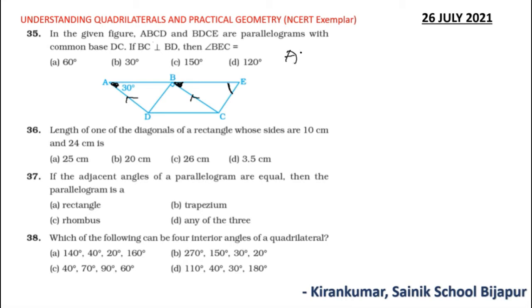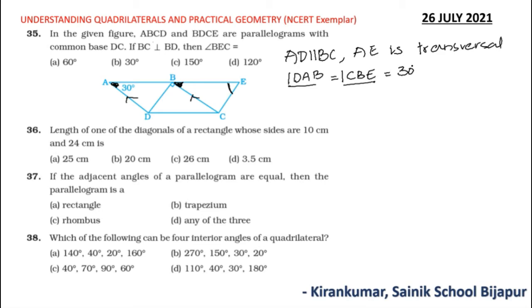Since AD is parallel to BC, AE is transversal, we have angle BAB equal to angle CBE. This will be equal to 30 degree. They are corresponding angles.